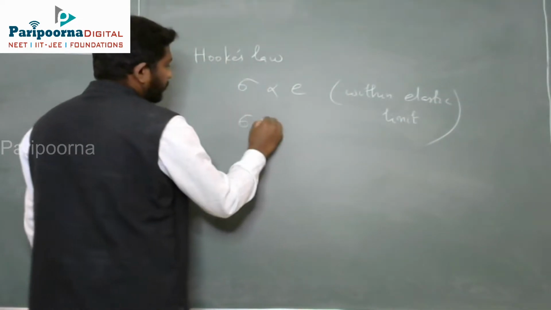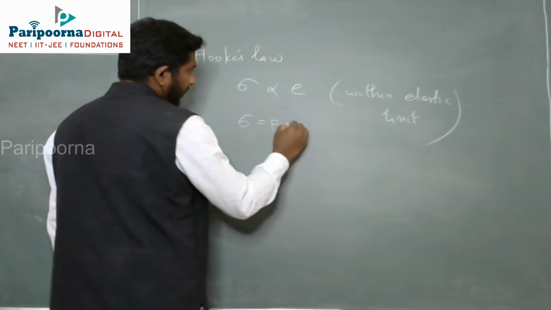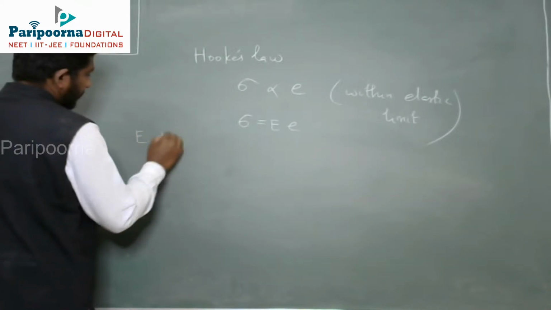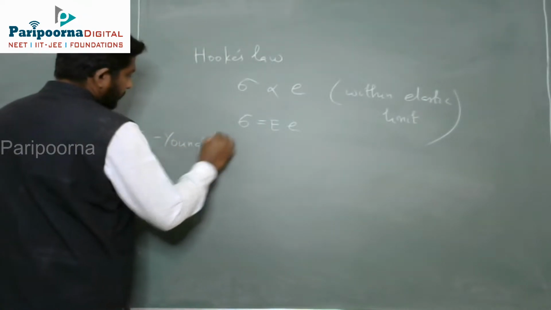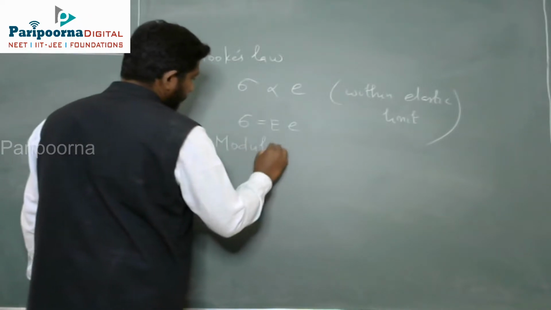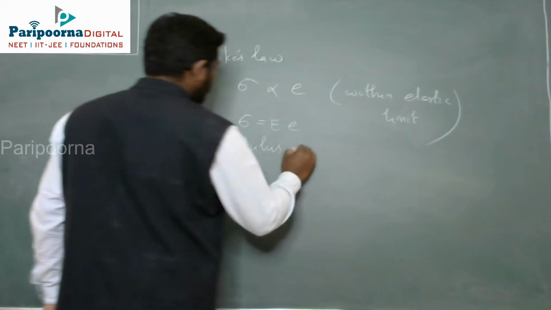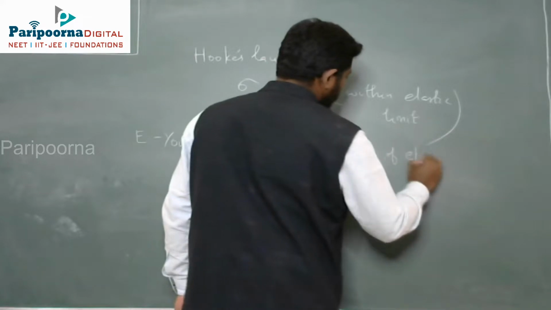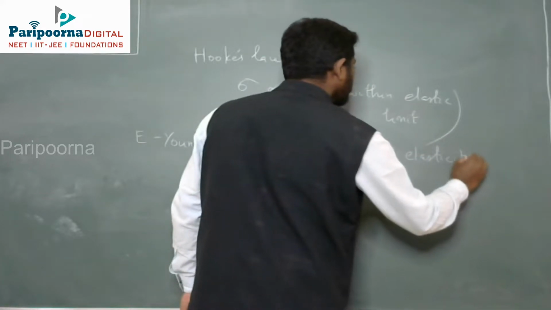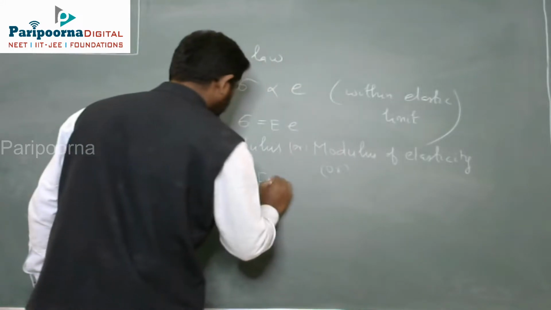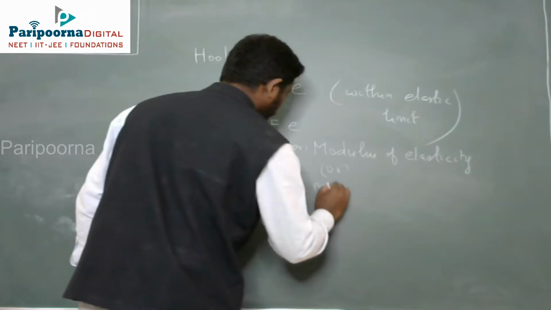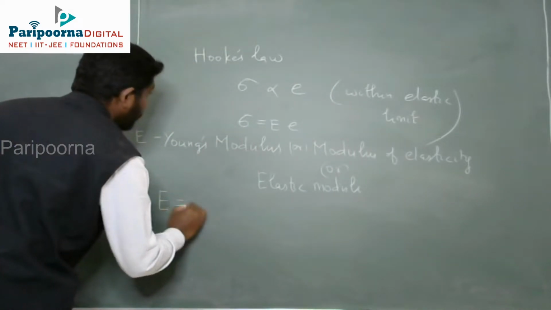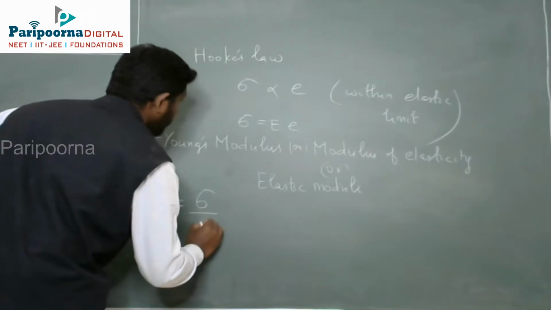You can remove this proportionality by introducing the constant E. E is a material property, which is called Young's modulus, or modulus of elasticity, or another name, elastic modulus. From this you can define Young's modulus: it is stress over strain.